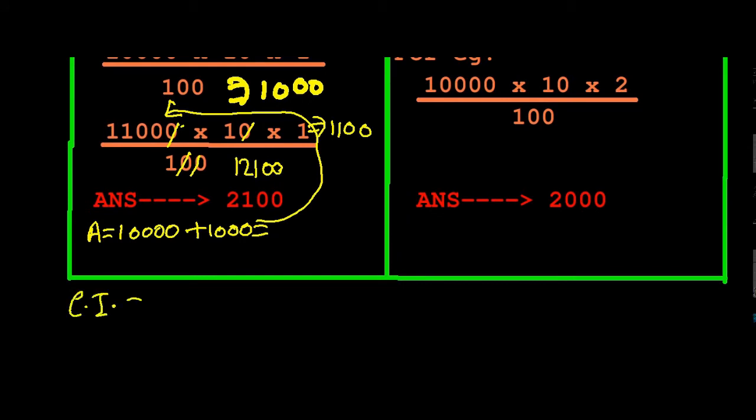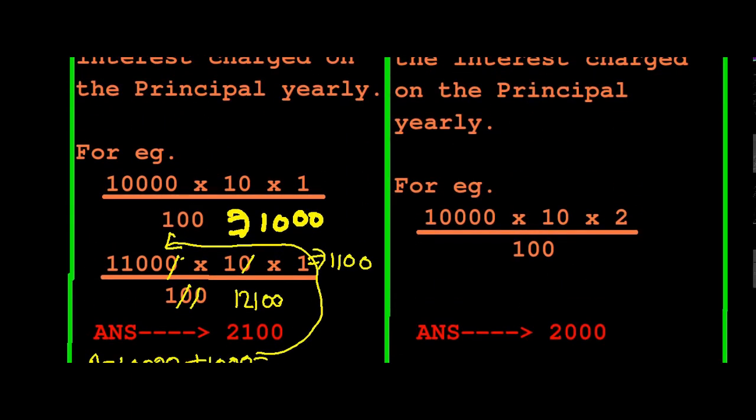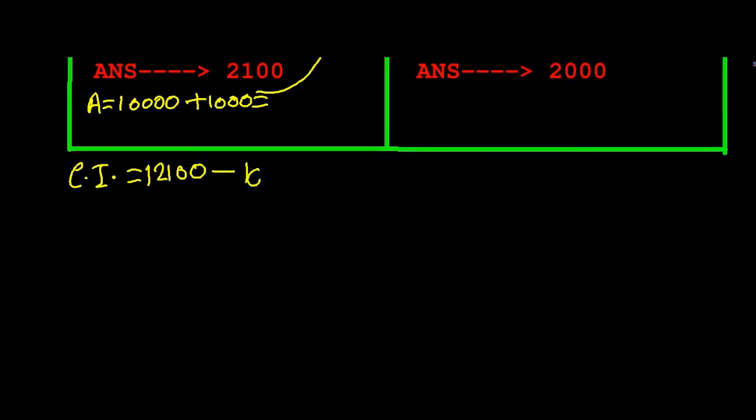Compound interest is equal to amount, 12,100, minus the first principal, which is 10,000. So it is 2,100.